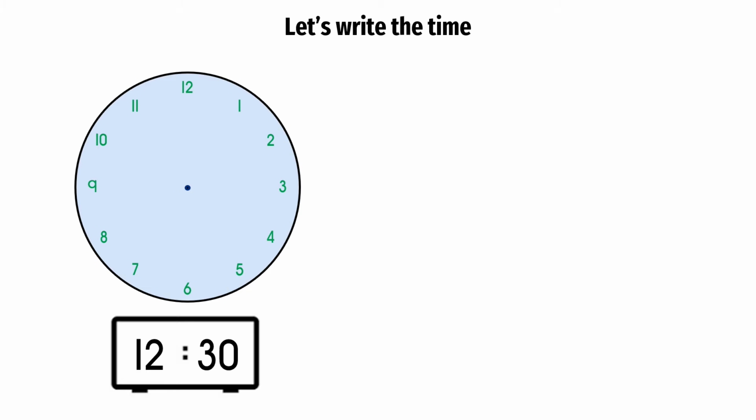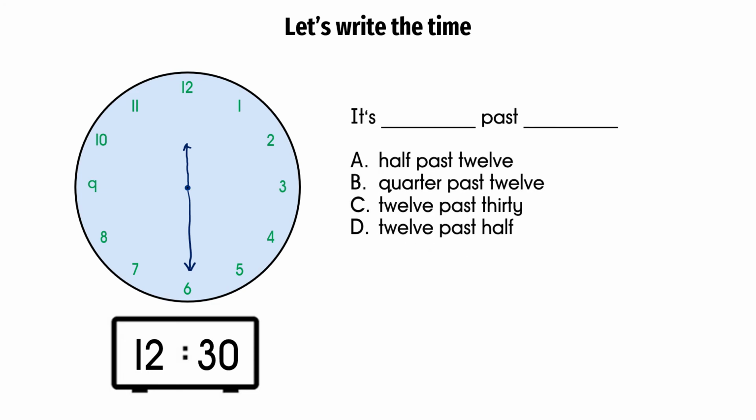So let's try to draw the time in the clock. It says that it is 12:30. So we will draw our short hand pointing to 12 and the long hand pointing to 6. This is 12:30. But how about in words?